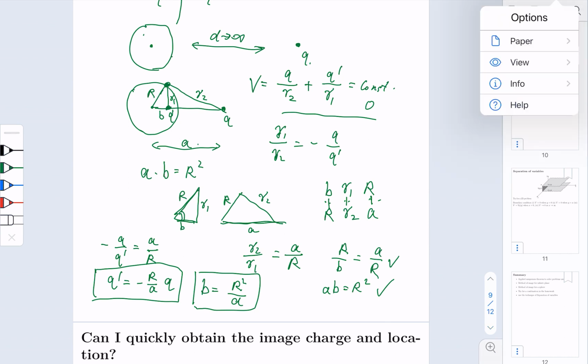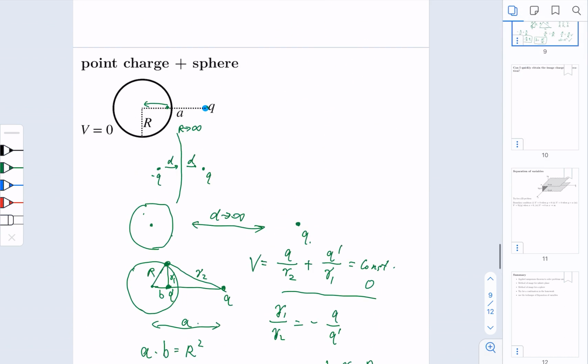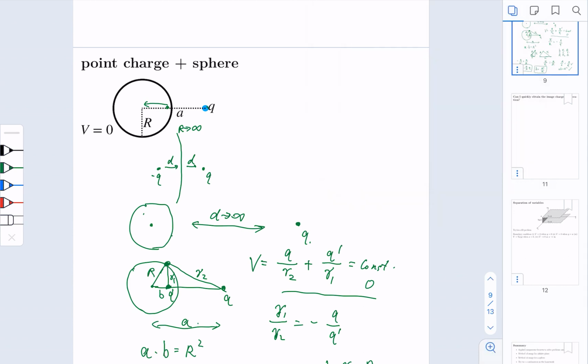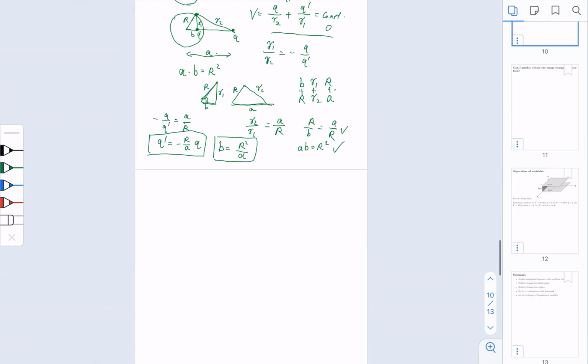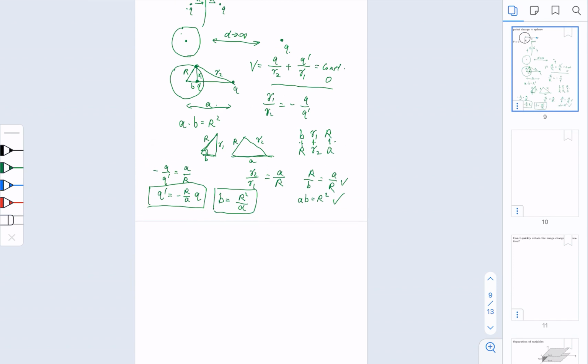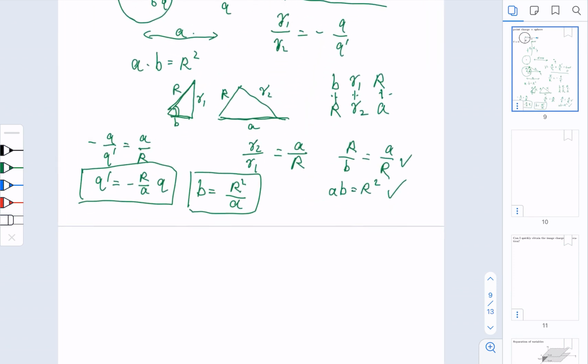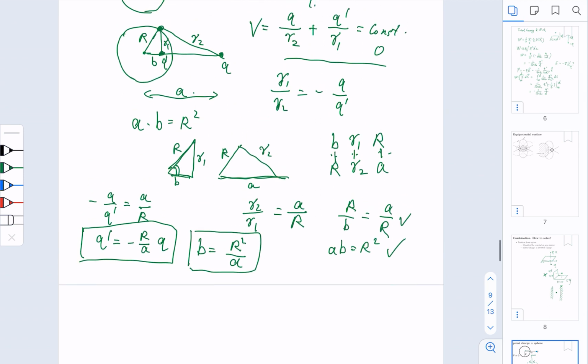So if you really want to rederive this, it takes some time. And one possibility to derive that is to simply guess. Now I don't know what Q prime should be, and what B should be, but I know that what I want to make is the potential at the surface to be 0 everywhere.